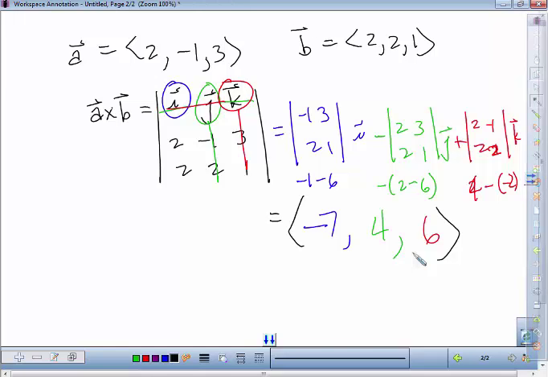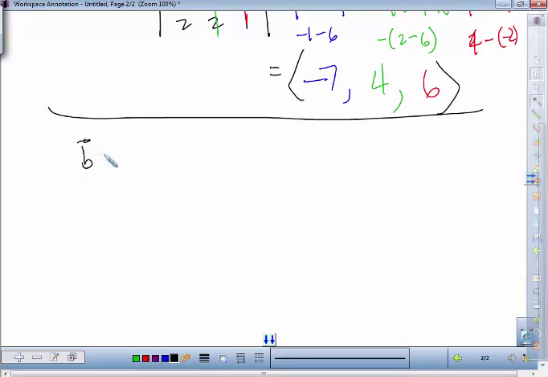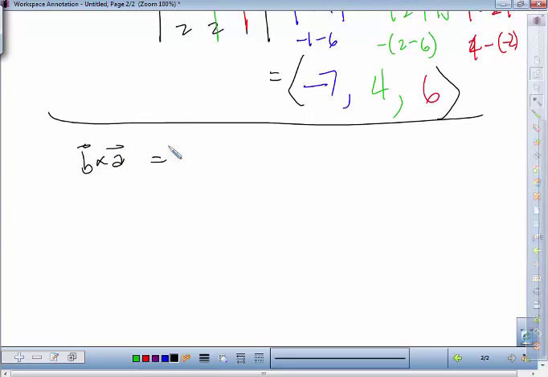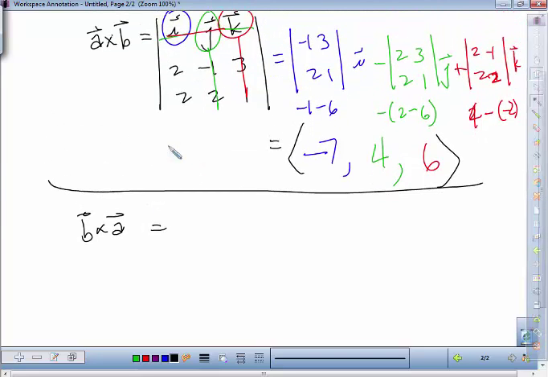So let's try to see if we can switch the order of the cross product to see if we notice anything interesting about this. B cross A. So using the same vectors, but this time we switch the order.